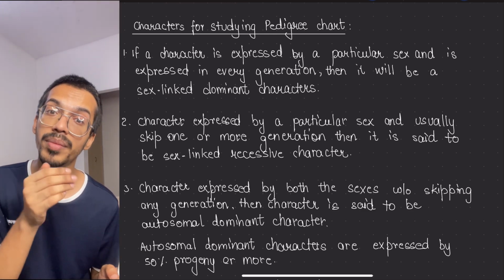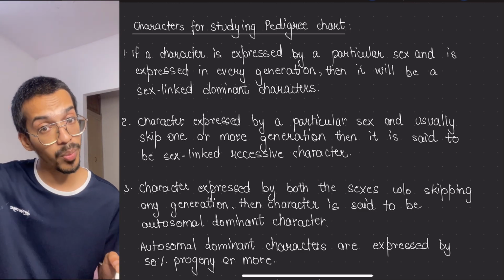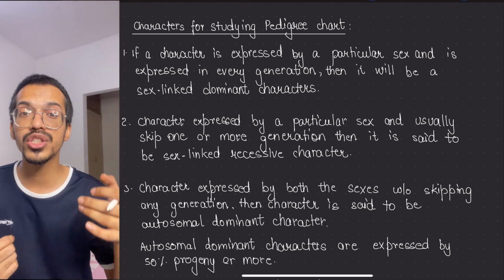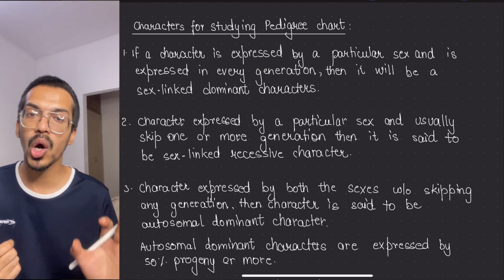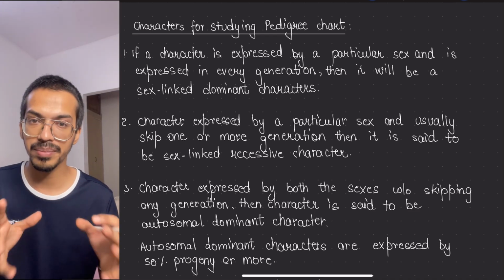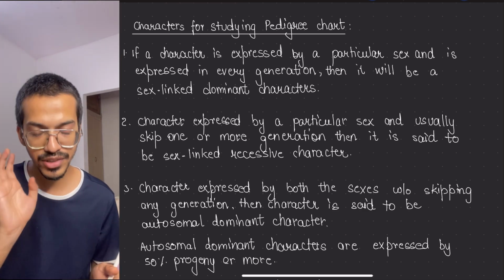Second thing, whether it's dominant or recessive. You have to see the generations. I've told you the generations are written in Roman numerals, right? So if each generation is showing it, it is dominant. If 1 or 2 generations skip its effect, meaning no darker shade is coming up, it is a recessive trait. Let's see it.